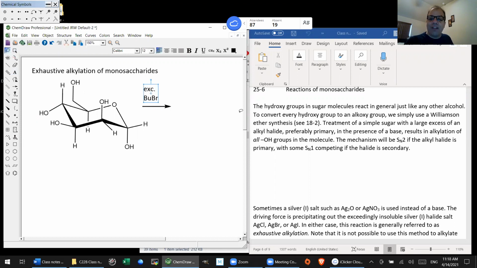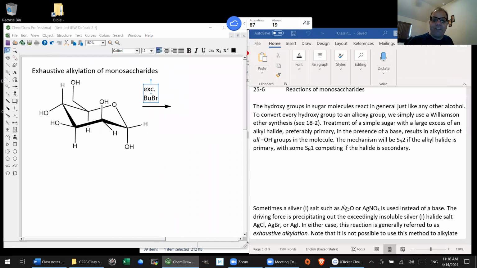And in general, you will want either a base, probably pyridine or triethylamine, some kind of tertiary amine base, or the other thing you can use to mop up the halogens is a silver(I) salt. You can use silver(I) oxide or silver(I) nitrate.